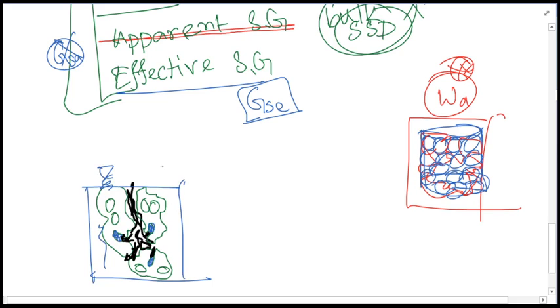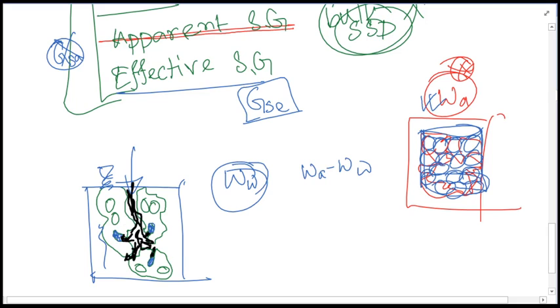So if we weigh this specimen in water, we will get WW, the weight of the specimen in water. But this weight will give you a reduced value compared to WA. The reduced weight is WA minus WW.